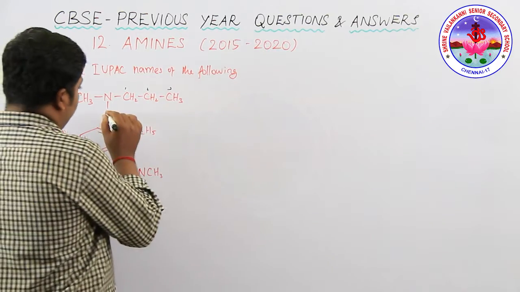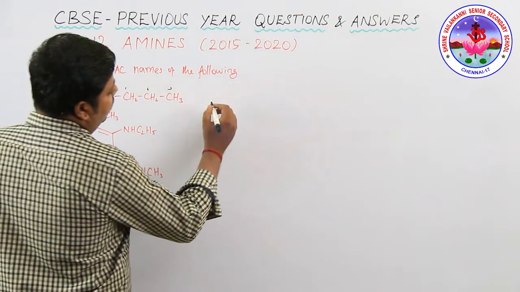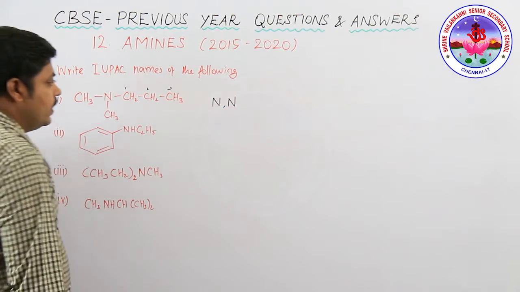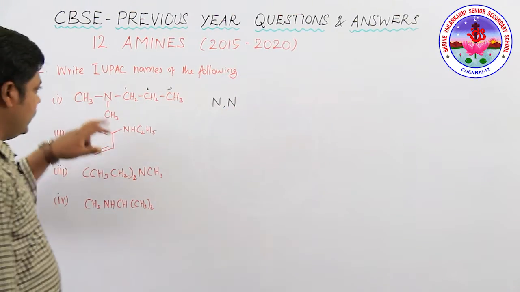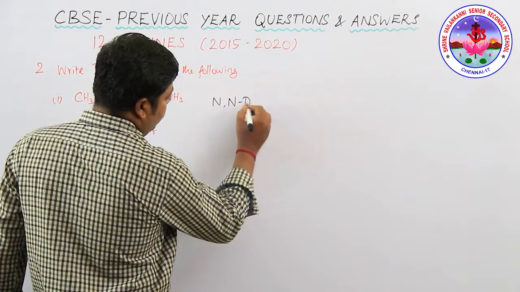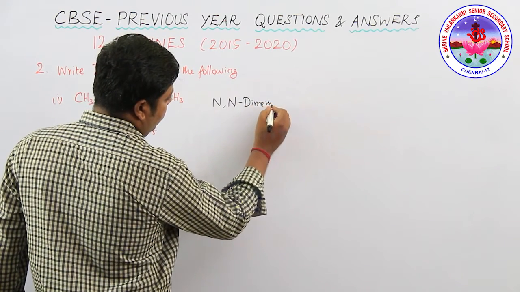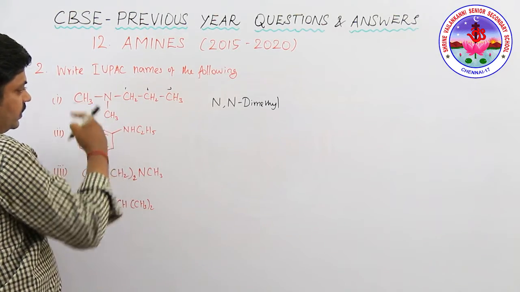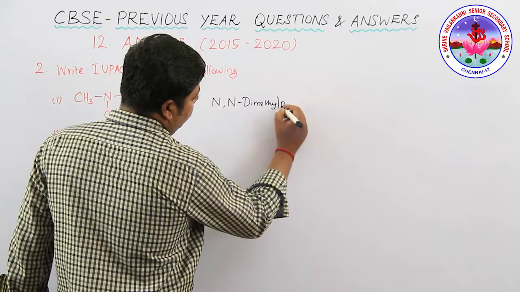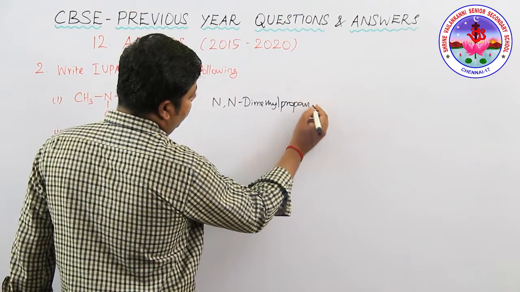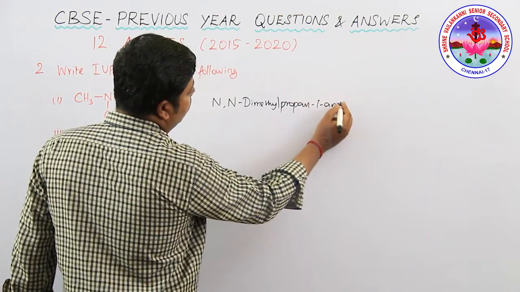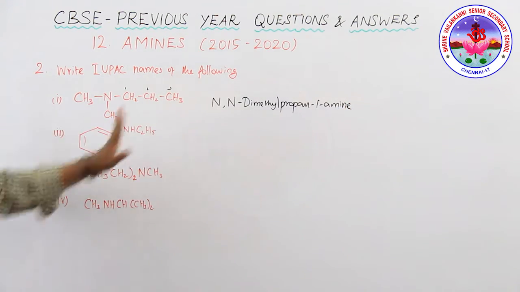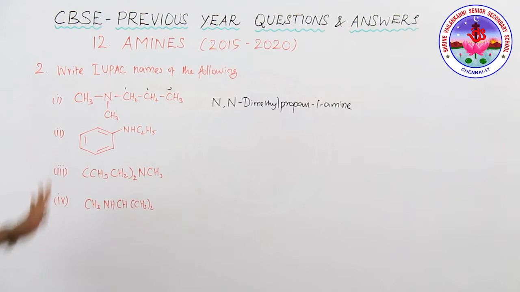Two methyl groups are present on the nitrogen, which is why I use N,N-dimethyl. The word root is propane with three carbons, and the first position is the amine, so N,N-dimethylpropan-1-amine, the first name.